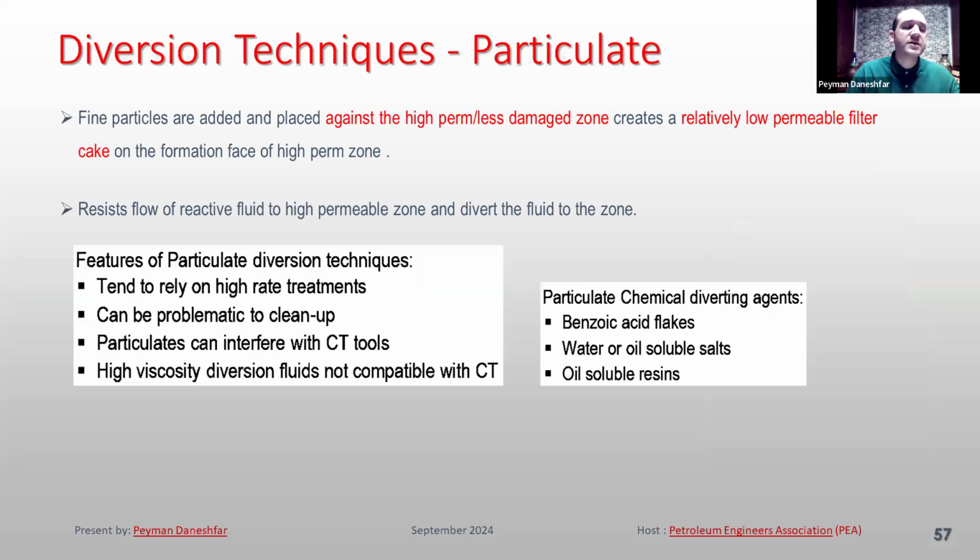Another diversion technique, like the ball sealer, is particulates. Fine particles are added and placed against a higher perm zone. You know, ball sealers and particulates go and sit on a high perm zone or less damaged zone, and create a relatively low permeability filter cake on the formation, and after that the acid goes to the next step. Some particles are chemical diverting agents such as benzoic acid flakes, water or oil soluble salts, and also oil soluble resin.